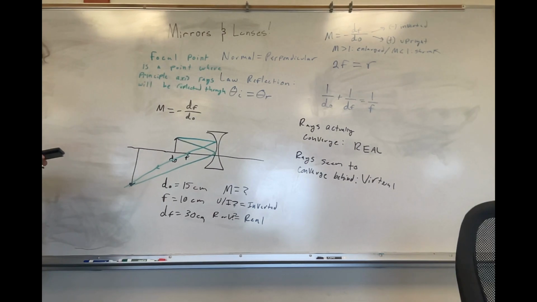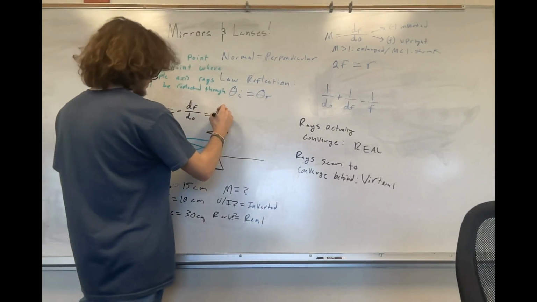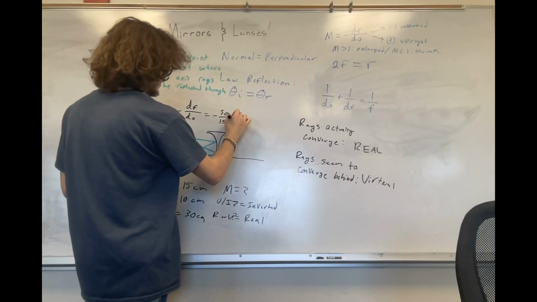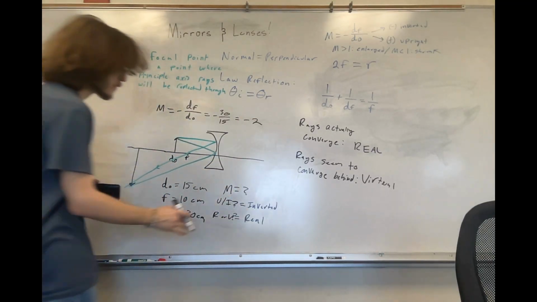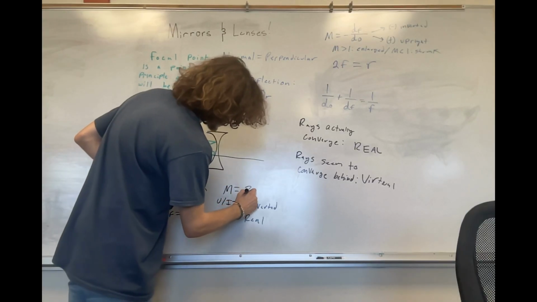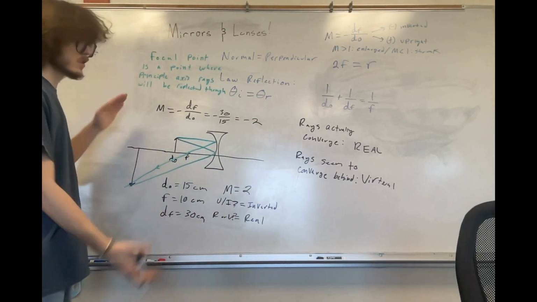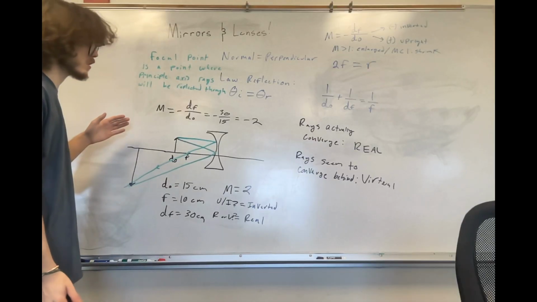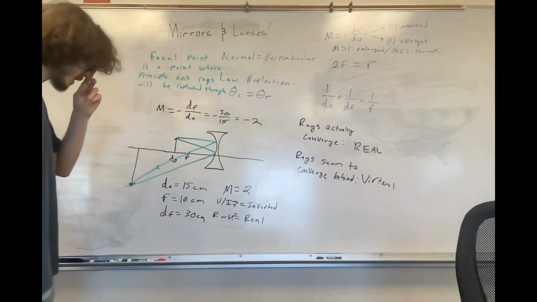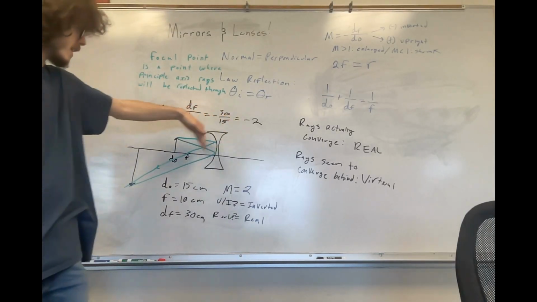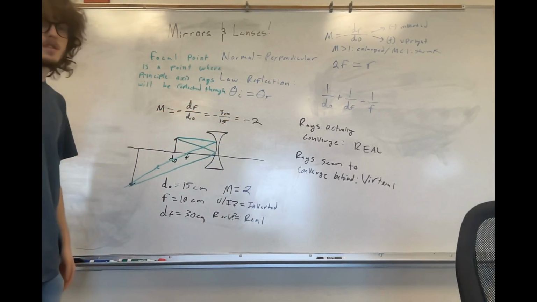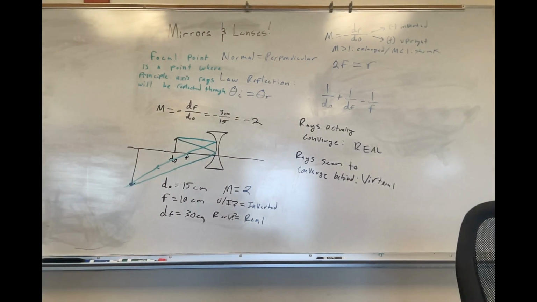So we put negative 30 over 15, and we know that to be negative 2. So what does this tell you? Well, the 2 signifies that it is enlarged twice, but also keep in mind that with this specific image, because we have a negative sign, it's inverted, which we predicted with the ray tracing diagram.